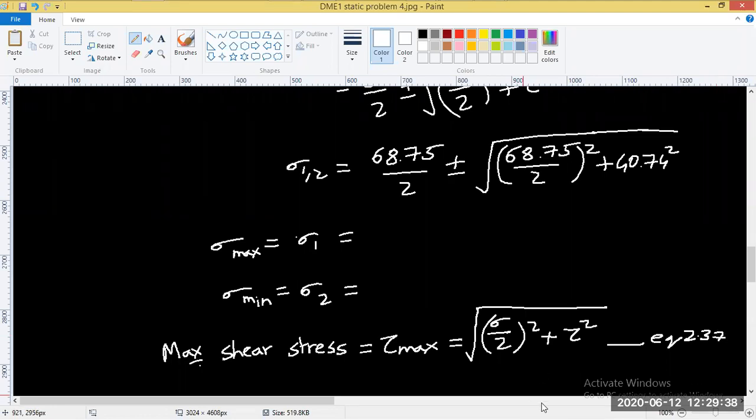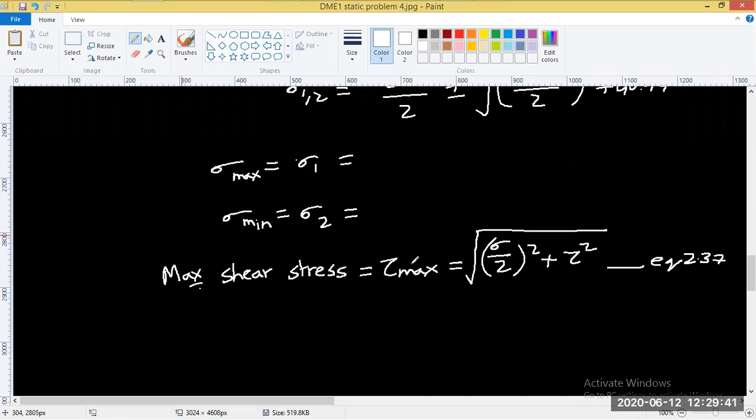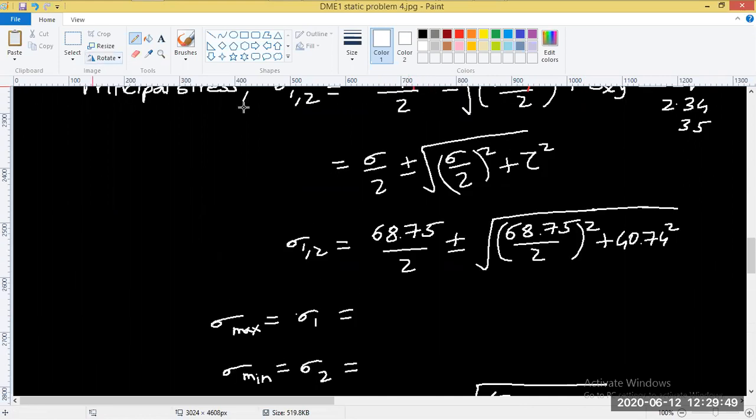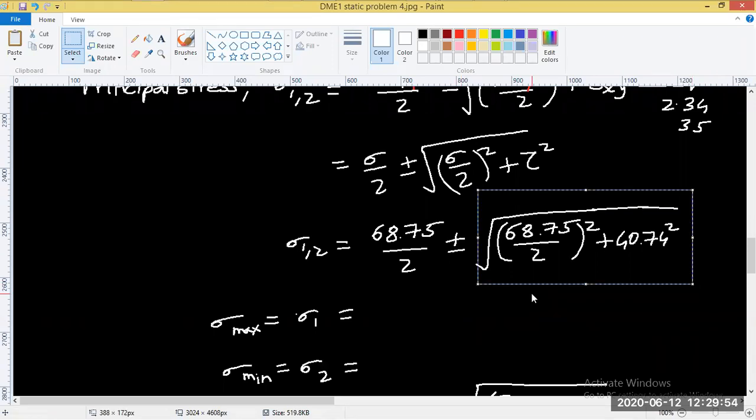So this will give us the minimum and maximum principal stresses, whereas this here will give us the shear stress, that is tau max. Tau max, I told you, is just the half portion of this. So what we can do is just extract this value here and paste it over here.